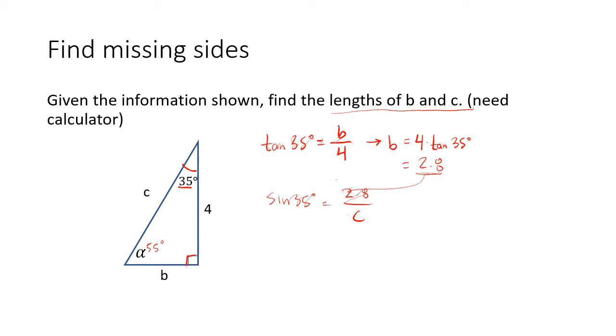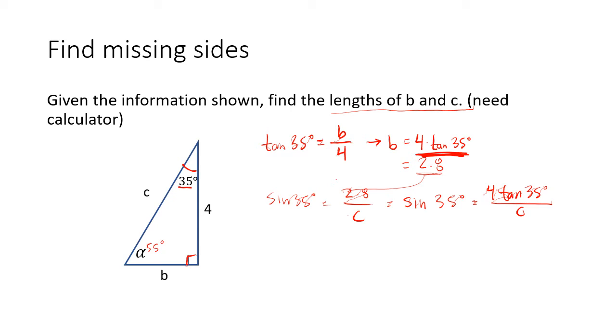We didn't get an exact value there. It would be better for us to say, and this is totally acceptable too, the sine of 35 degrees is equal to this thing that was not rounded, 4 times the tangent of 35 degrees divided by c, and then solve that for c. That's totally fine, and it would give us the right answer.